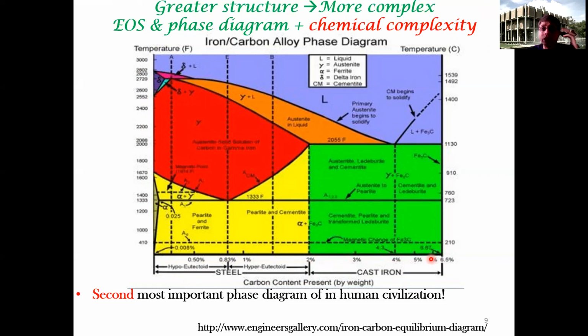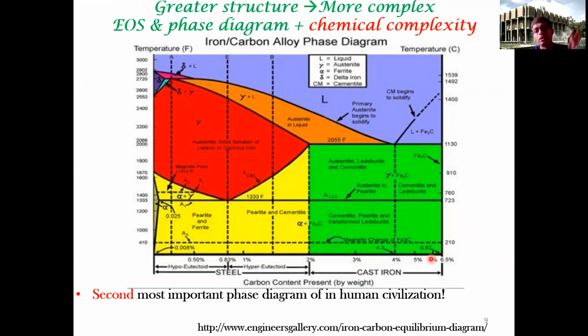But that introduces an enormous complexity and richness in the properties of steel. The utility of steel is so different depending upon the way it's processed. The way the phases are distributed, the chemical composition, and so on is very important. At least you should be aware of this particular phase diagram. And I'm mentioning this is the second most important phase diagram.